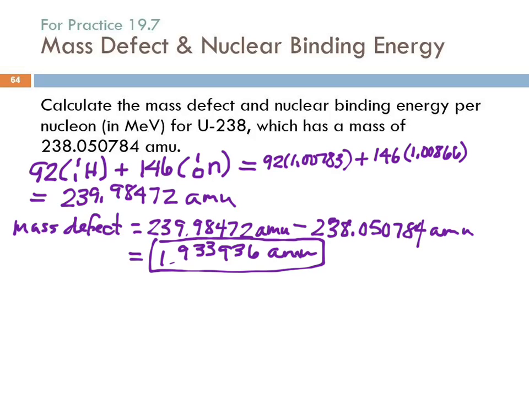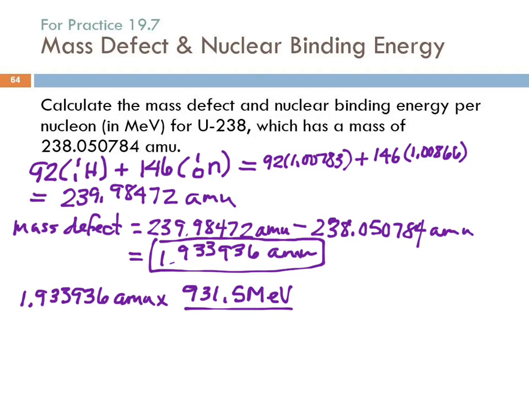Any questions about that? And then they want nuclear binding energy per nucleon. The easiest thing to do there is to take the mass defect and apply that relationship between AMUs and mega electron volts. So that was, I've got it memorized now, 931.5 mega electron volts per atomic mass unit.